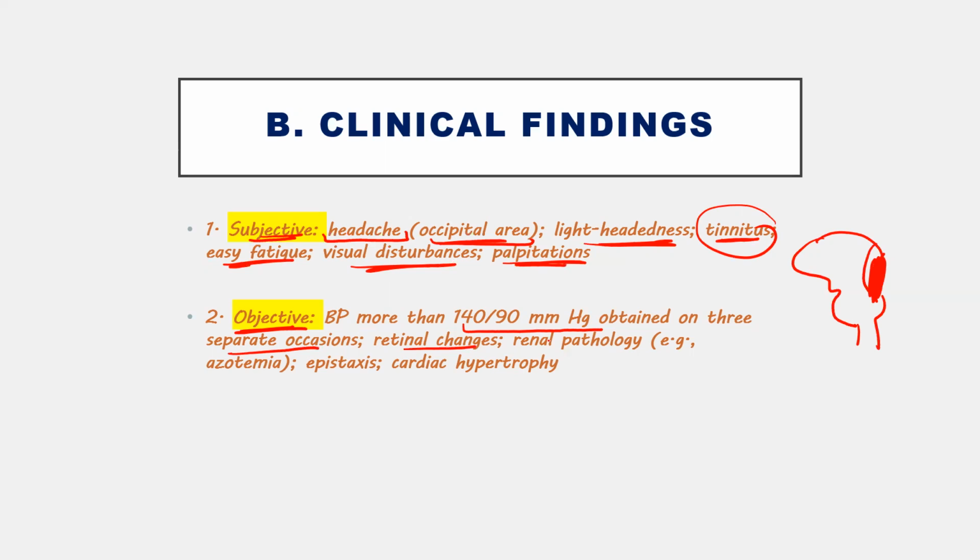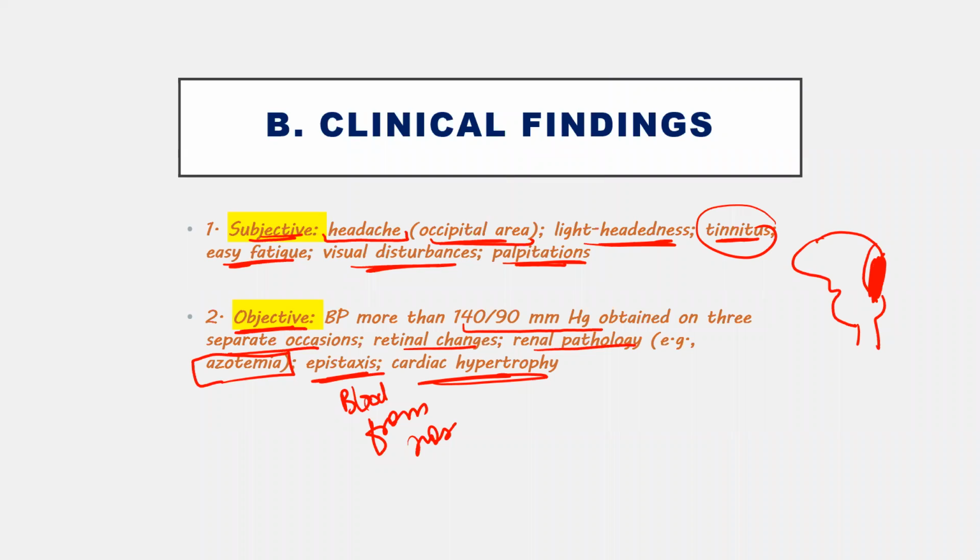Retinal changes, renal pathology, for example azotemia, will be there. Epistaxis can occur, that is bleeding from the nose. And cardiac hypertrophy can be seen, that is overdevelopment of tissues in the heart due to the hypertension. So all these things we can see.